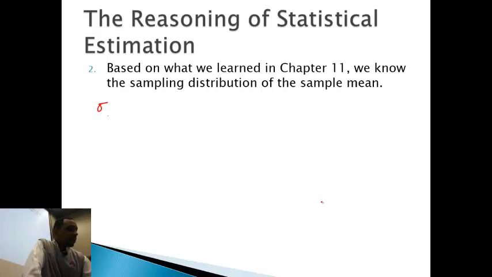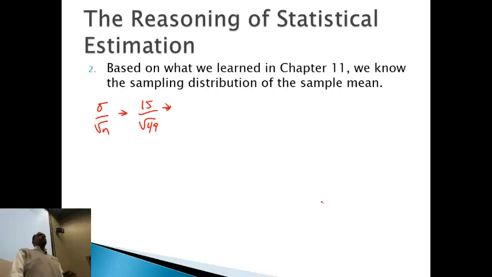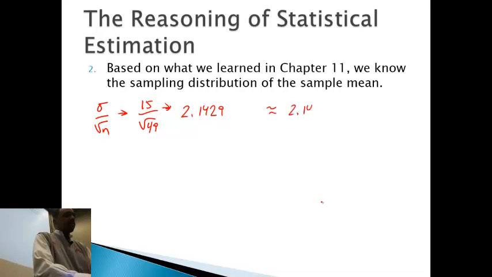It was sigma over square root of n. 15 over the square root of 49, excuse me. 2.1429. If you put this in Stats Portal, you'll get 2.1429. For demonstration purposes, we'll say 2.14.